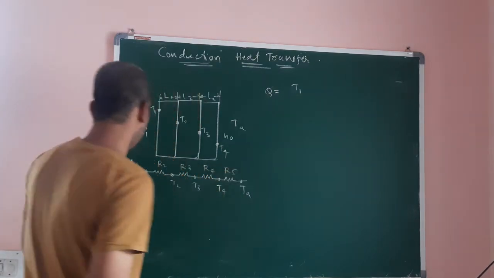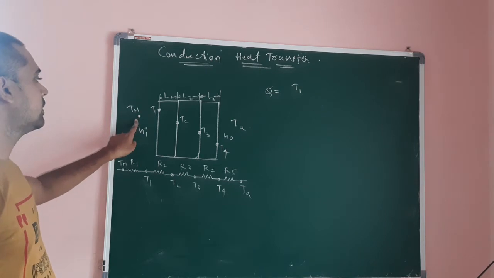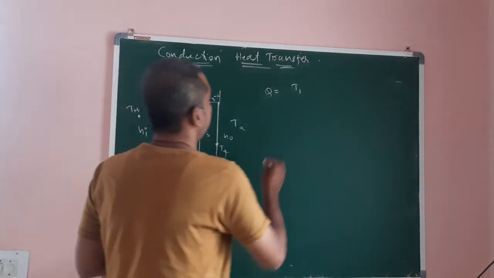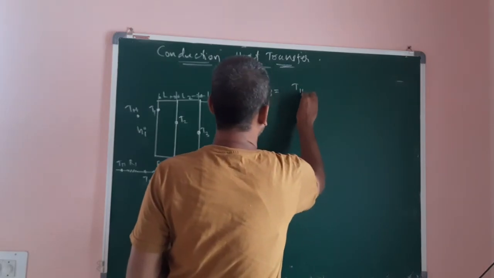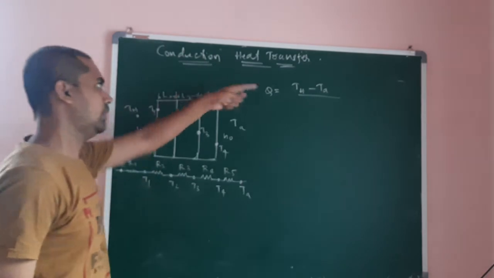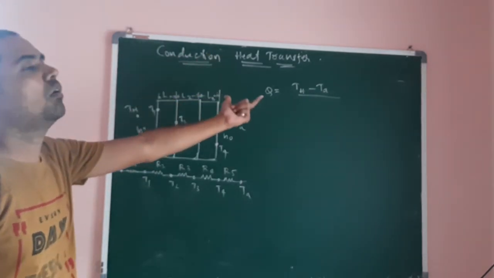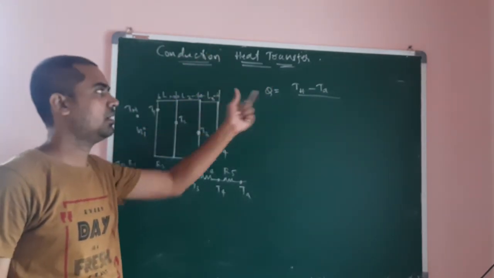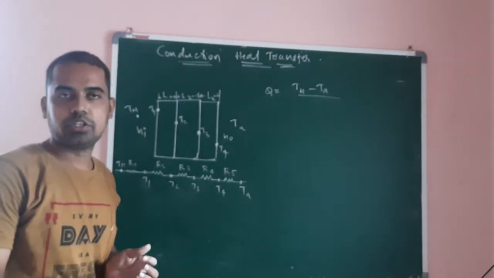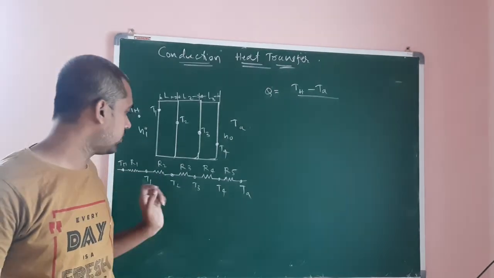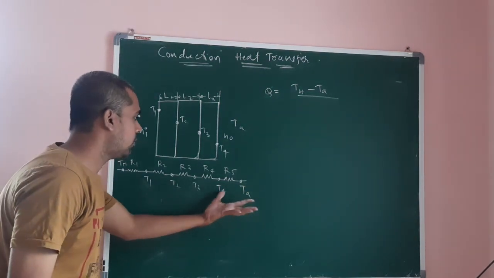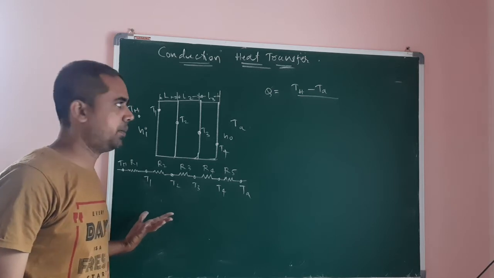Here there is convection with a heat transfer coefficient. TH minus TA is like a voltage difference; the driving potential for the heat to transfer is temperature. TH minus TA is divided by the sum of all the thermal resistances between them.